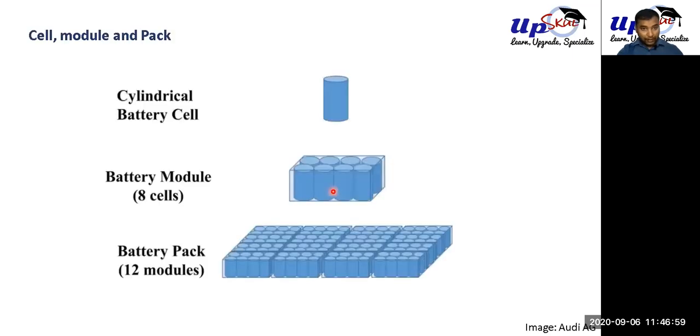So this is the concept of a cell, module and pack. This lone cell is called a cell, the single battery. Actually, the term that we use, we call it a pencil battery, but the term is wrong. Battery is a term that is used to define a collection of things.